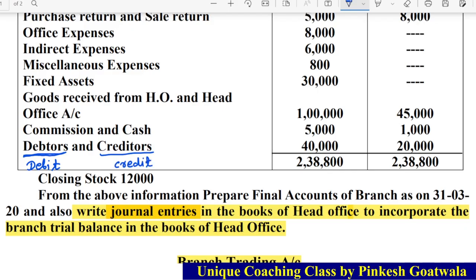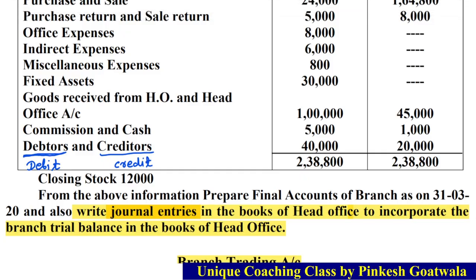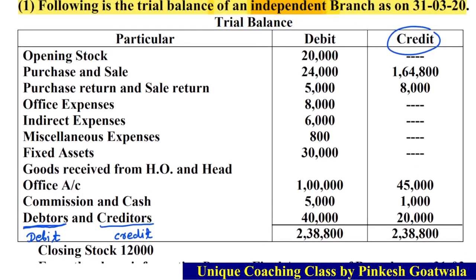Okay, debtors આપની asset છે જેની always debit balance આવશે અને creditors એ આપના liability માં આવશે, so always એની credit balance આવશે. So indirectly here 40,000 debit balance છે, so it's our debtors and 20,000 are our creditors.